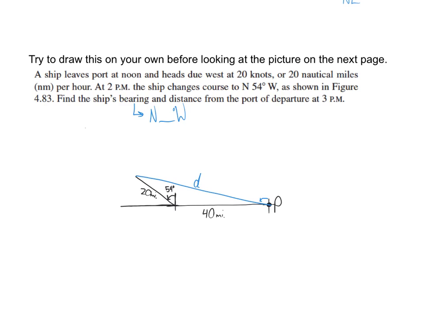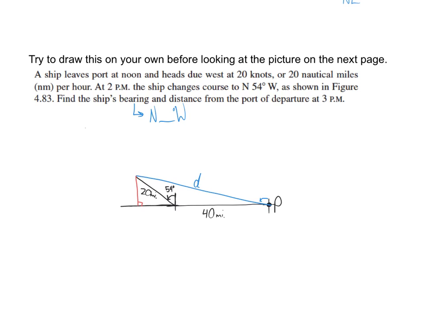Actually what Lorenzo mentioned is what we're going to use here. If I extend that and drop this straight down, I can look at this whole situation as two different right triangles, okay? But the 20 miles there is going to be what part of that right triangle? The hypotenuse.